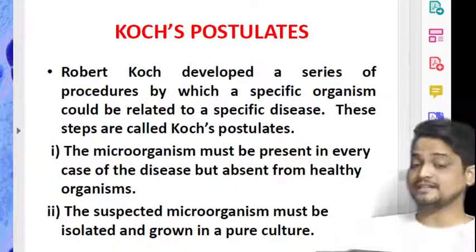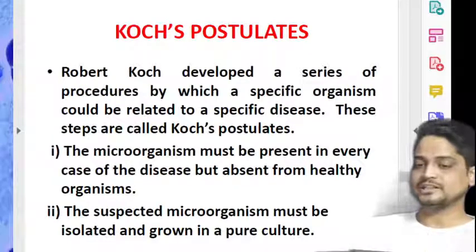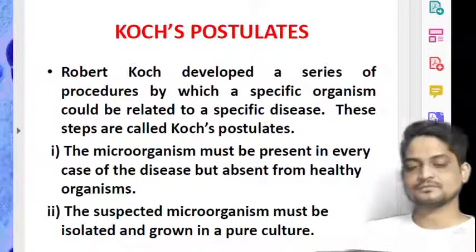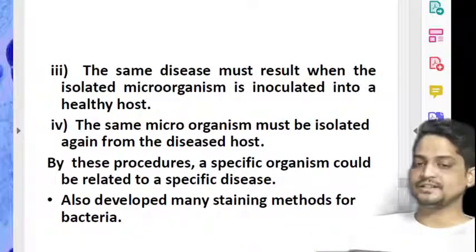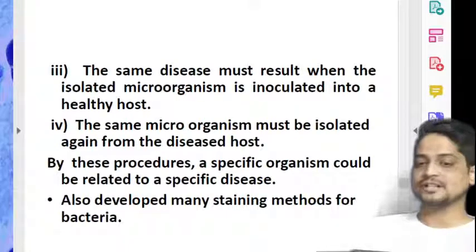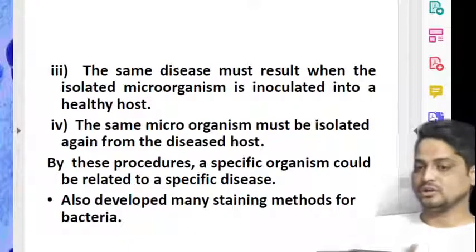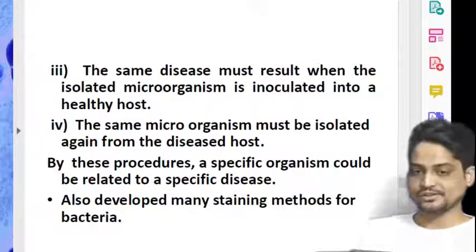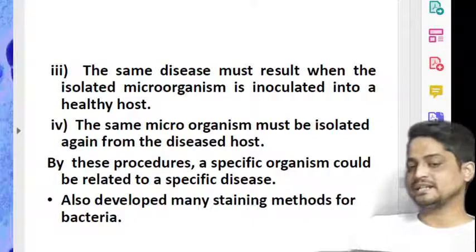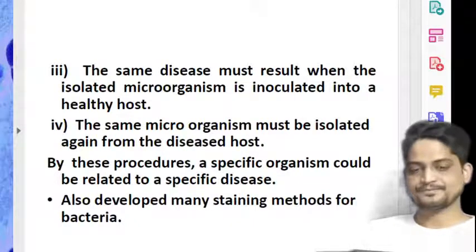The second postulate tells us that the suspected microorganism must be isolated and grown in pure culture. The third postulate is that the same disease must result when the isolated microorganism is inoculated into a healthy host. The same microorganism must be isolated again from the diseased host.